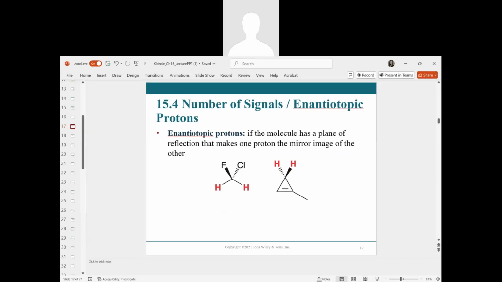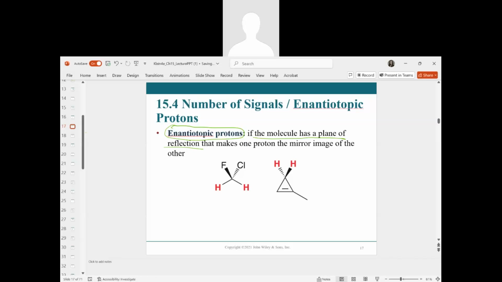Now say we have enantiotopic protons. If a molecule has a plane of reflection, not an axis of symmetry, but rather a plane of reflection where one proton is the mirror image of another, we would refer to these as enantiotopic protons. Just like when something is a non-superimposable mirror image of itself, we refer to that as its enantiomer.